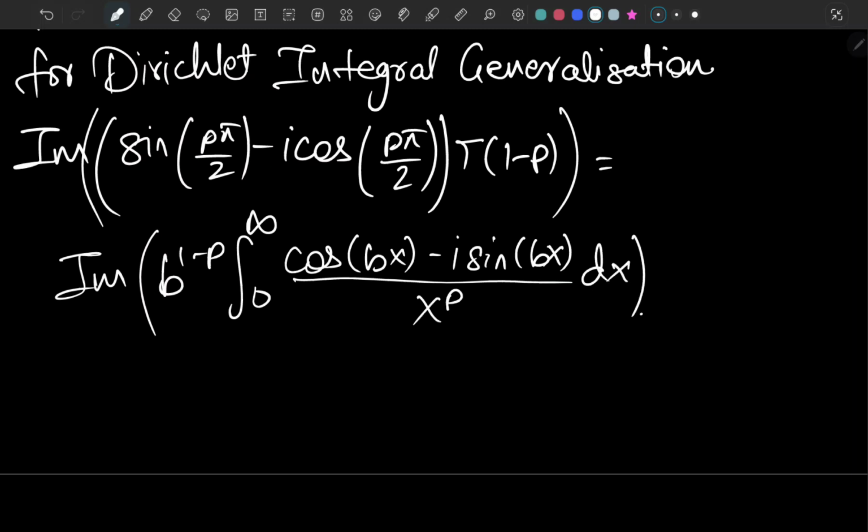So if we talk about the imaginary part, on the left hand side we would have cosine of p pi over 2 times gamma of 1 minus p, and on the right hand side we would have b to the 1 minus p times the integral of sine of bx over x to the p, and the negative we would get rid of.